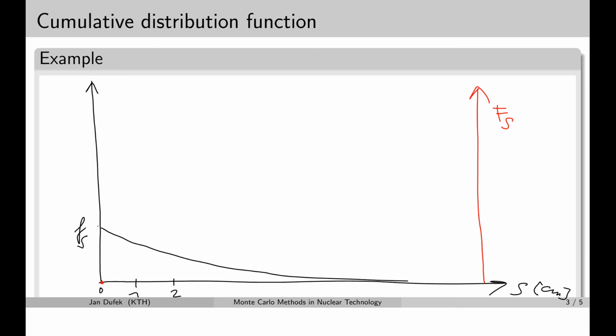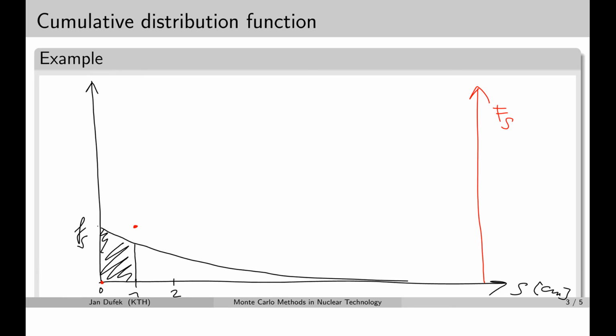Let's have a look at another distance, for instance 1 centimeter. So in that case we would integrate the area below this curve over the distance from 0 to 1 centimeter, and we would obtain some value, for instance here.